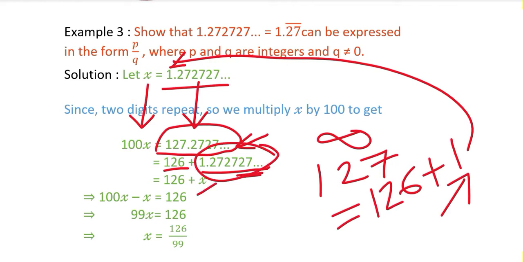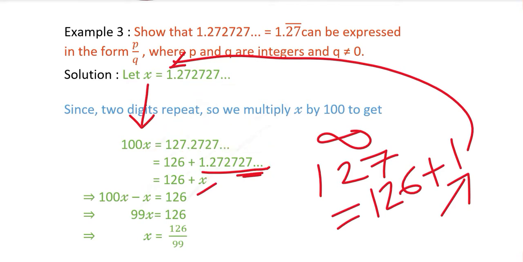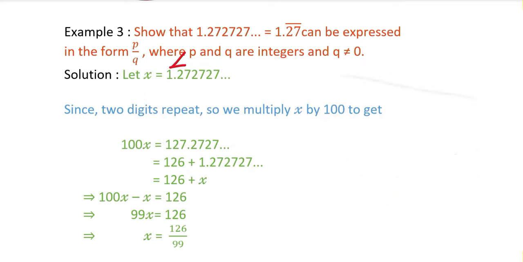So how do you get this number? Sometimes it might be complicated. So just whatever number you get at this place. Wait, let me clean it. Okay. How do you get this 126?